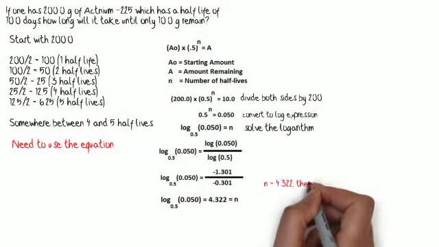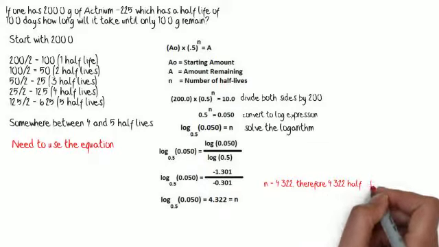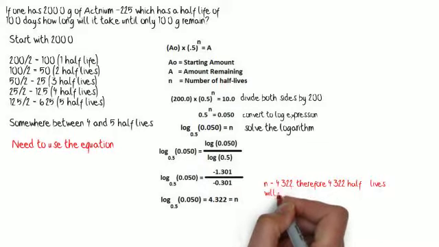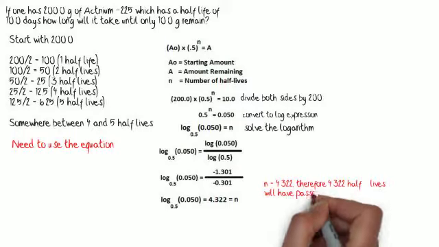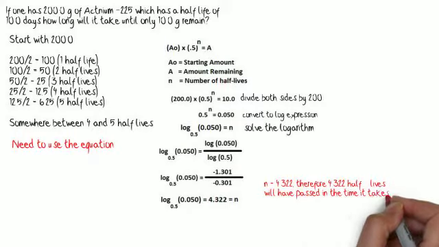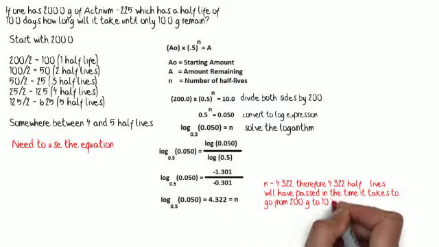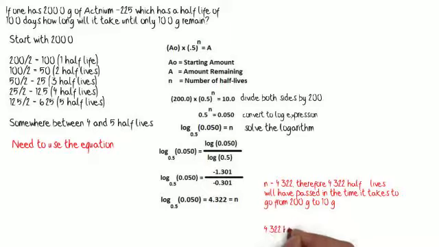So n equals 4.32. Therefore, it's 4.32 half-lives. That's how long it takes to go from 200 grams to 10 grams. Well, 4.32 half-lives times 10 days per half-life is 43.2 days. 43.2 days is how long it will take to go from 200 grams to 10 grams.